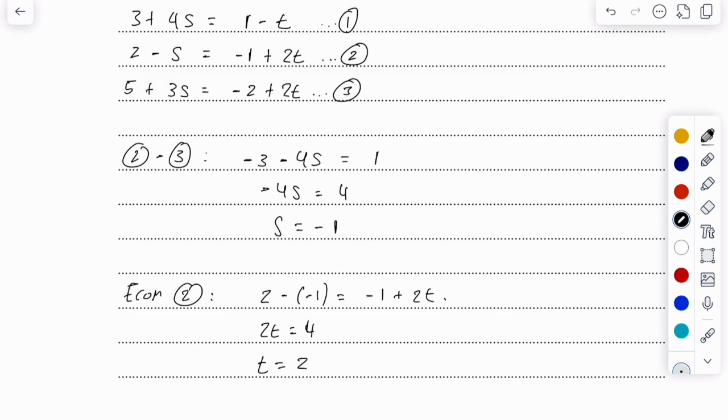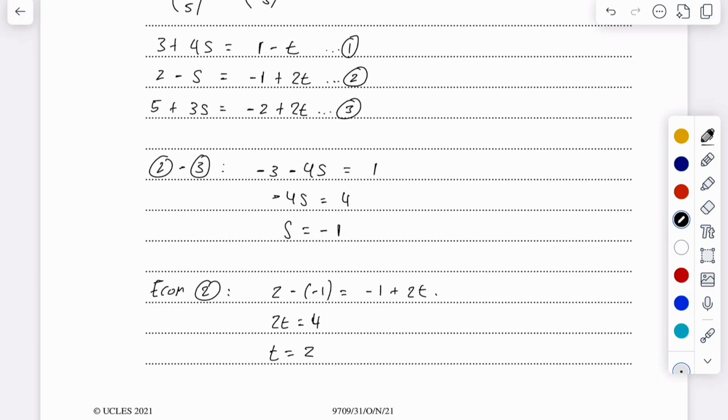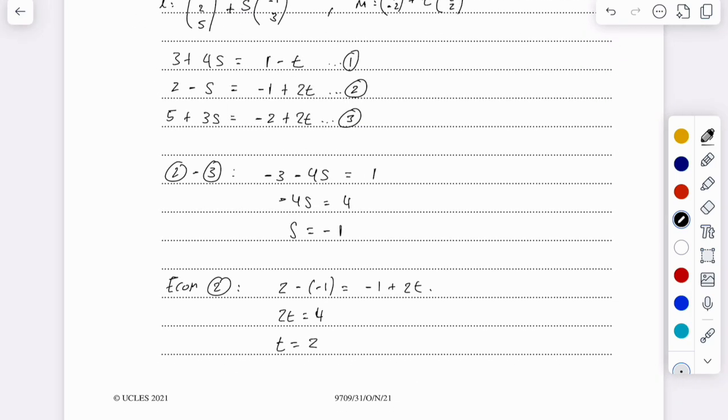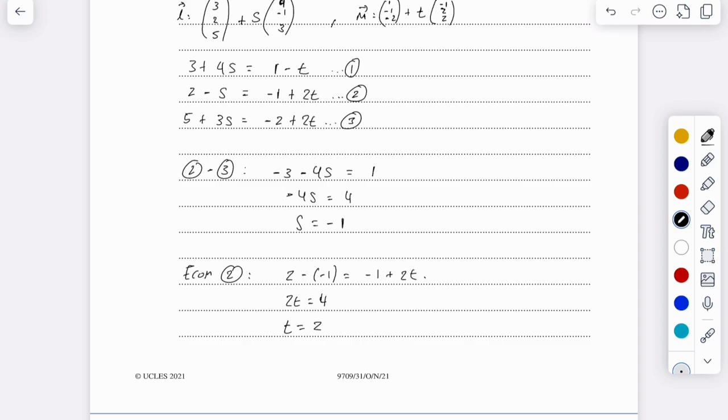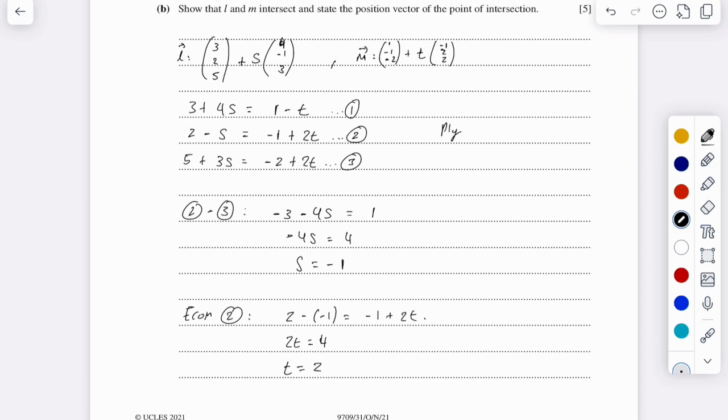So t equals 2. So we've got s and we've got t. So plug in to equation 1.